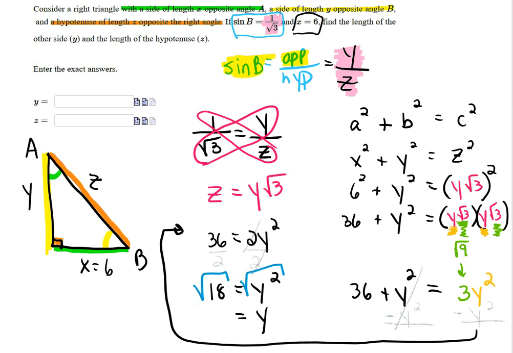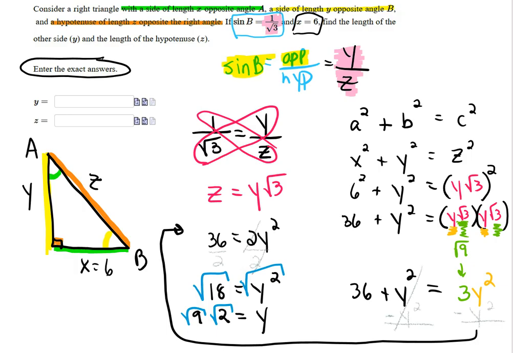Now, this up here says enter exact answers. They didn't tell me to round off. I'm heading to a radical of 18, which is not a perfect square, so I'm going to have to simplify my radical. The square root of 18 is the same thing as the square root of 9 times the square root of 2.